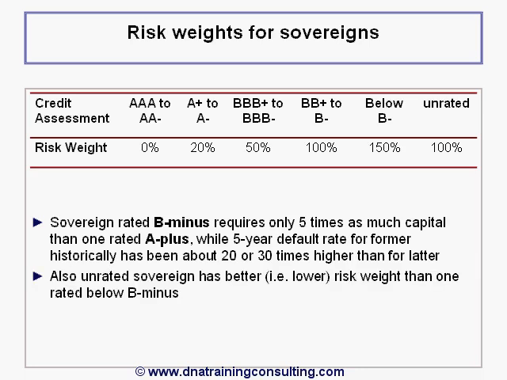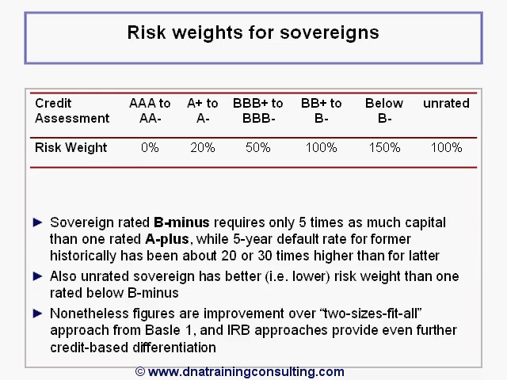Also, an unrated sovereign has a better, i.e. lower, risk weight than one rated below single B-. Nonetheless, the figures in the matrix are an improvement over the one-size-fits-all approach from Basel I, and the internal ratings-based approaches go on to provide even further credit-based differentiation.